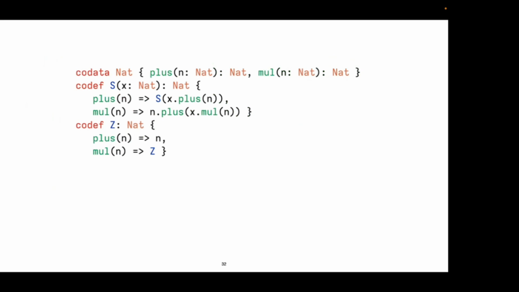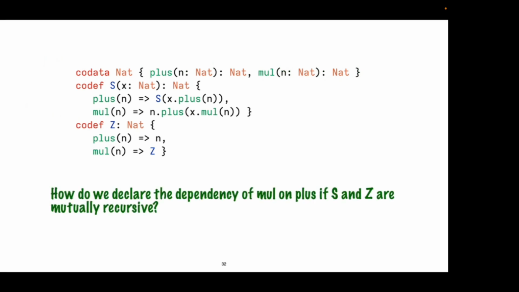If we refunctionalize this program, on the other hand, then we obtain the following program. In this program, it is no longer clear how to check for totality, for termination and productivity. So how do we declare the dependency of multiplication on addition if the successor and zero are mutually recursive?